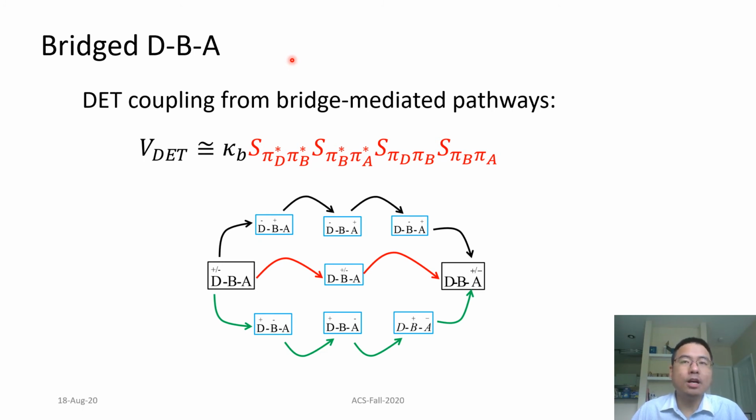But for the dominant bridge-mediated pathways, where the bridge molecule is involved in the pathways, we use the same strategy, and finally we found that the coupling of these pathways is connected to the same overlap term, a product term of 4 overlap terms with kappa as a factor.